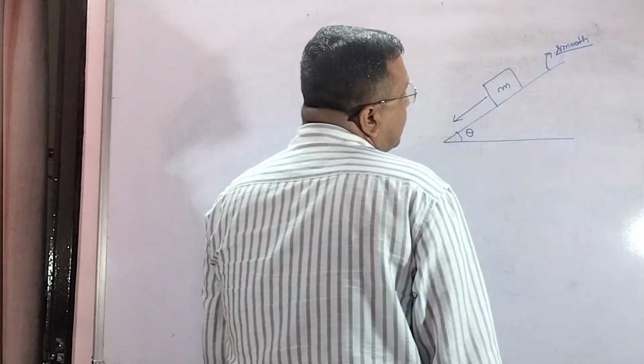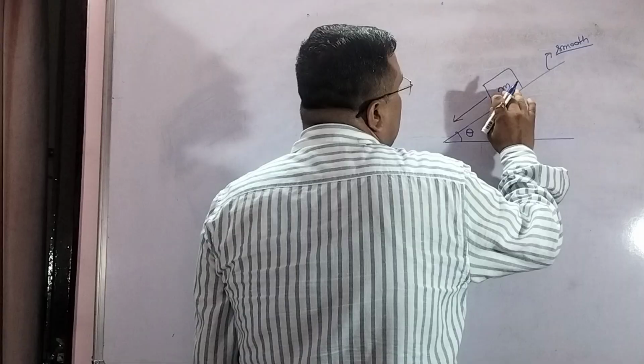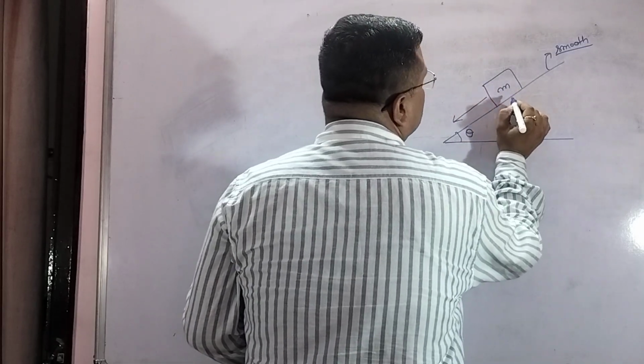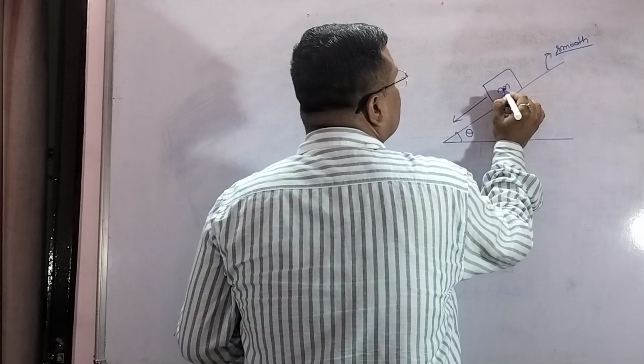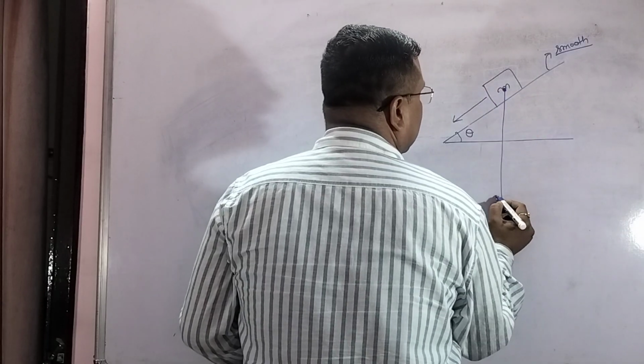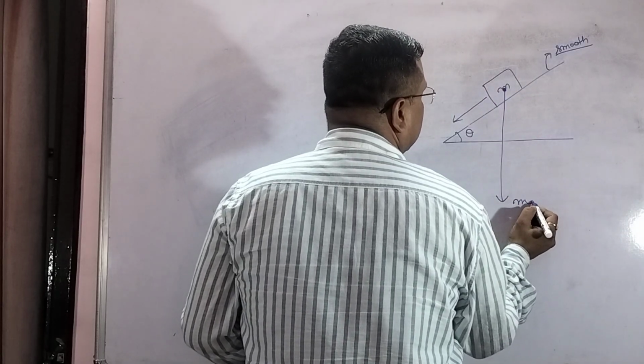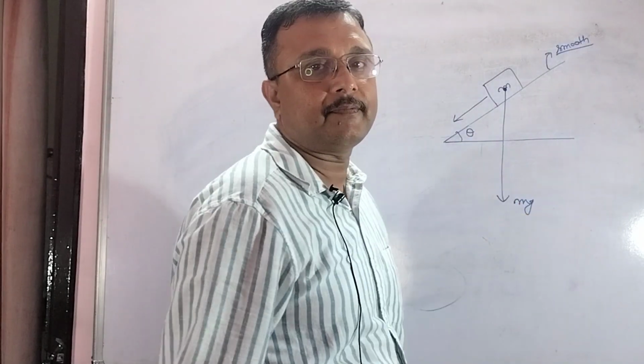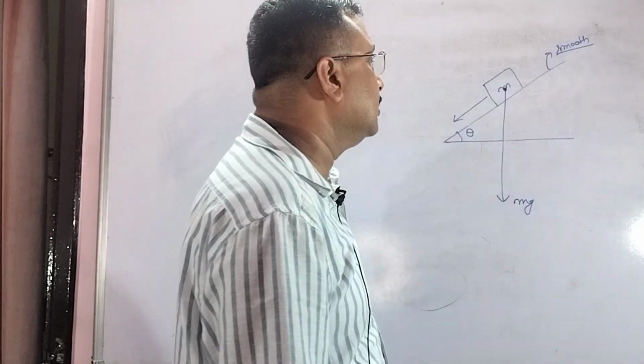But see here, how many forces are acting on this particle? Let's draw the free body diagram. When we draw the free body diagram, since it has mass, weight mg will be acting in the downward direction.